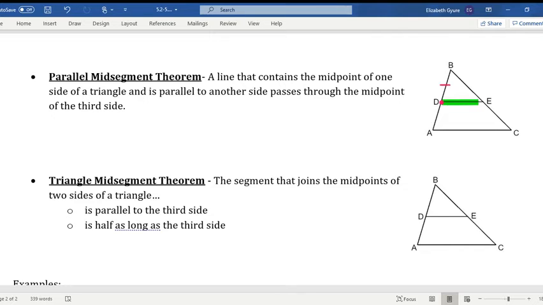Exactly. BD would be congruent to DA. So if I know that D is a midpoint, and D lies on segment DE, and if I know that DE is parallel to AC, then I'll be able to know on the other side, BE is congruent to segment CE.